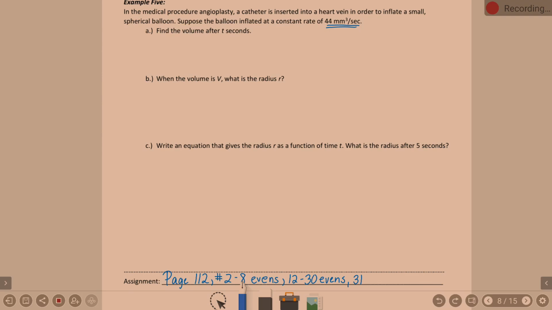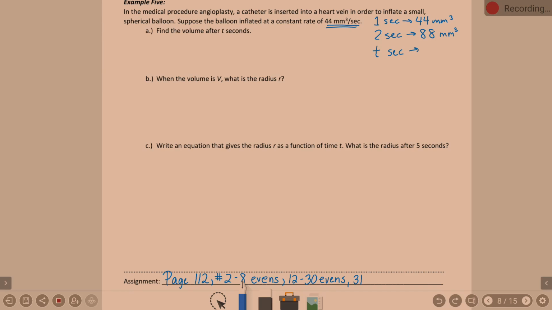The cube. So when you see millimeters cubed per second, what is that indicating that 44 is? That's indicating it is a volume. Now, it says per second, so my train of thought is, what do you know about the volume after 1 second? After 1 second, my volume is 44 millimeters cubed. What about after 2 seconds? What is my volume? 2 times 44, so now it's 88. So what about after t seconds? Because that's what the question asks us, right?